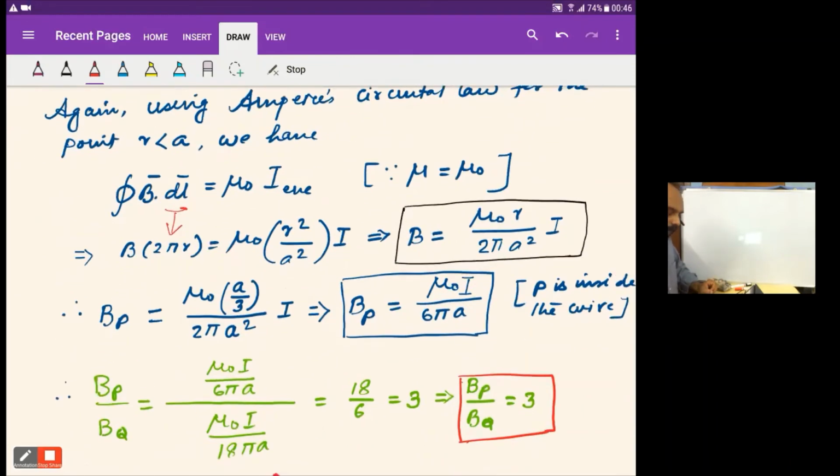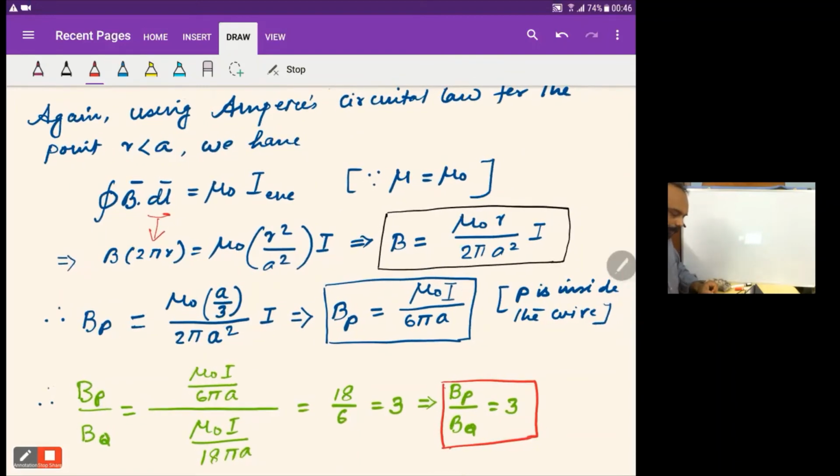Now that R is given as a by 3, therefore B at point P is given by mu 0 a by 3 divided by 2 pi a square times I. That gives us BP is equal to mu 0 I by 6 pi a, where P is inside the wire.